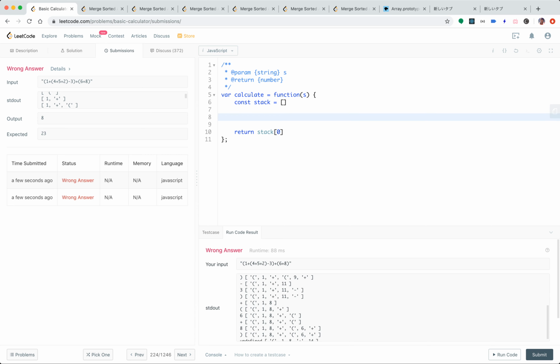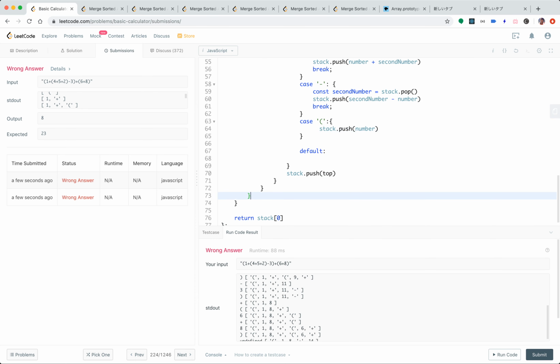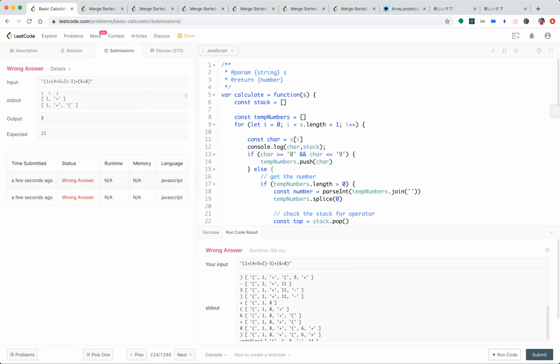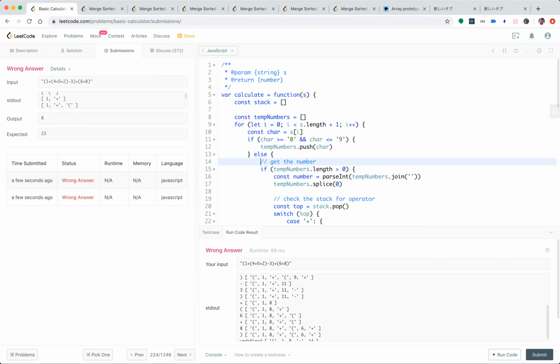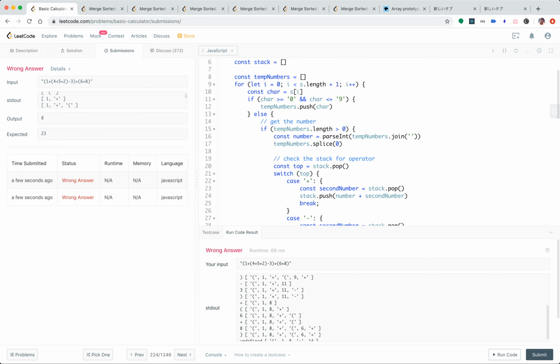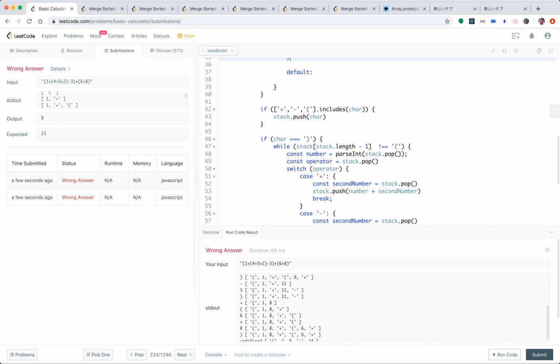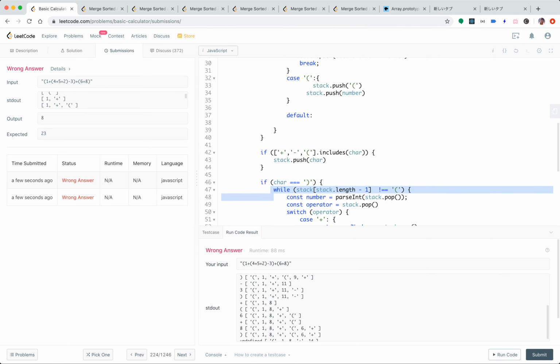If not, we just push them. Right, that must be better. I'll keep the for loop here. Yeah, this is right.